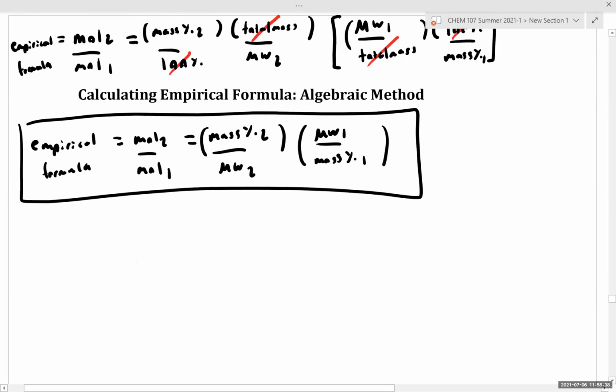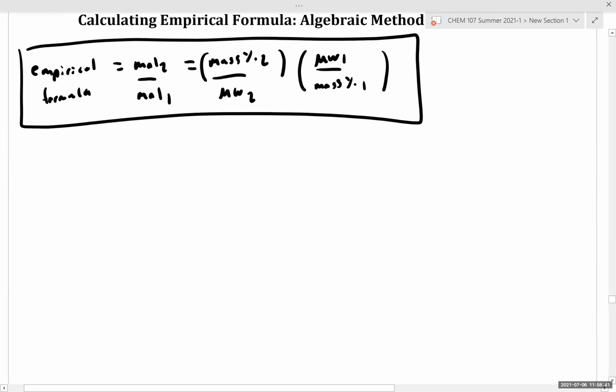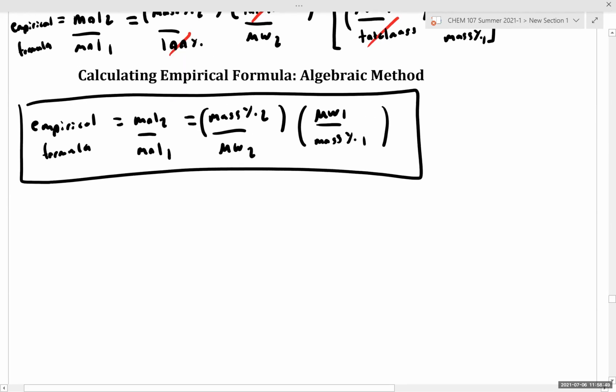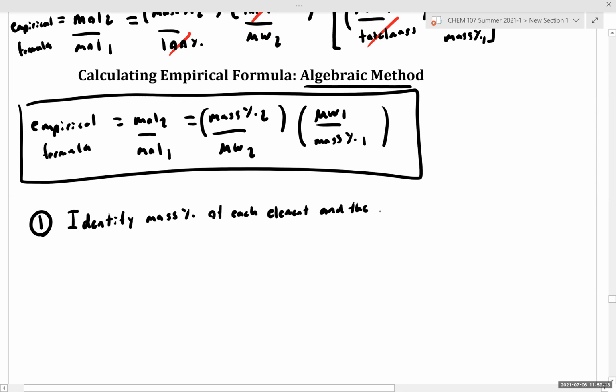Okay, so we know that we can calculate the empirical formula directly using this equation. What I want to highlight now is an alternative algebraic method, or a stepwise method, for calculating the empirical formula. So first, if you're going to use the algebraic method, you want to identify the mass percentage of each element and the molecular weight of each element.